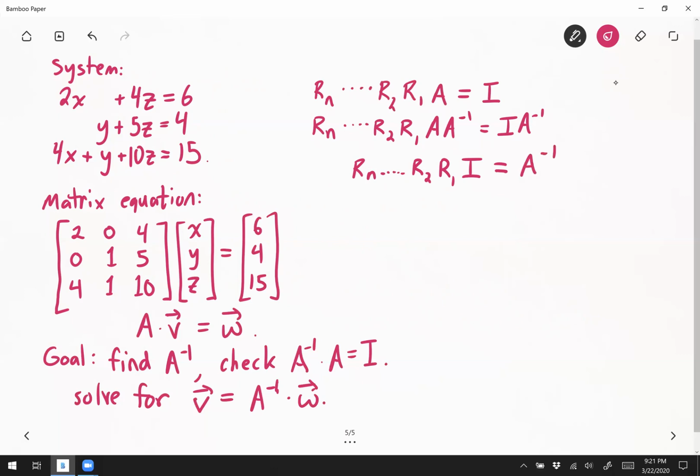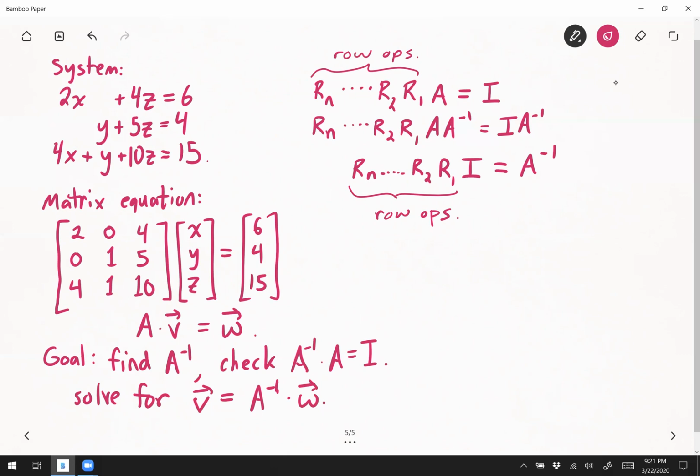So this is a very interesting result. Again, these matrices, R1, R2 through Rn, correspond to the row operations that transform A into the identity matrix. That same set of row operations that transform A into the identity matrix will at the same time transform the identity matrix into A inverse.